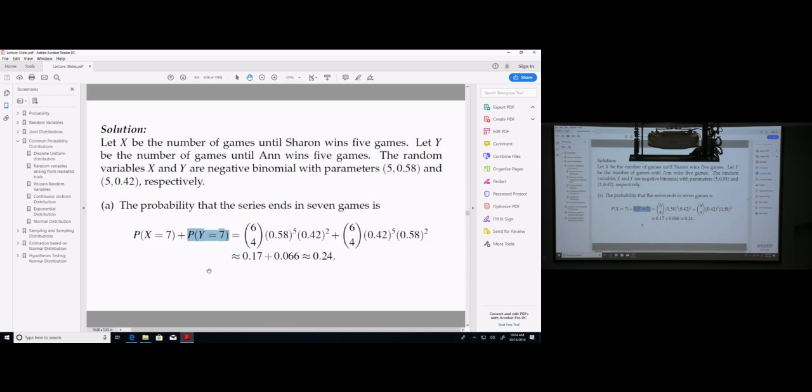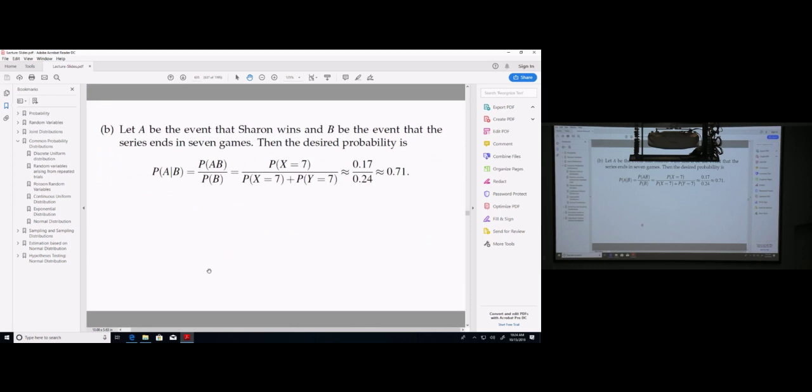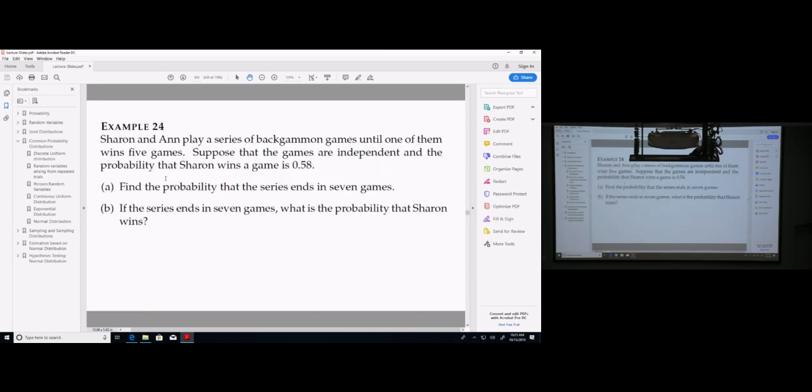Okay, so you have this. And that, okay, we are interested in this. Let A be the event. If the series ends in 7 games, meaning that Sharon or Anne will accumulate 5 wins at the end of the 7th game, then what is the probability that Sharon actually wins?